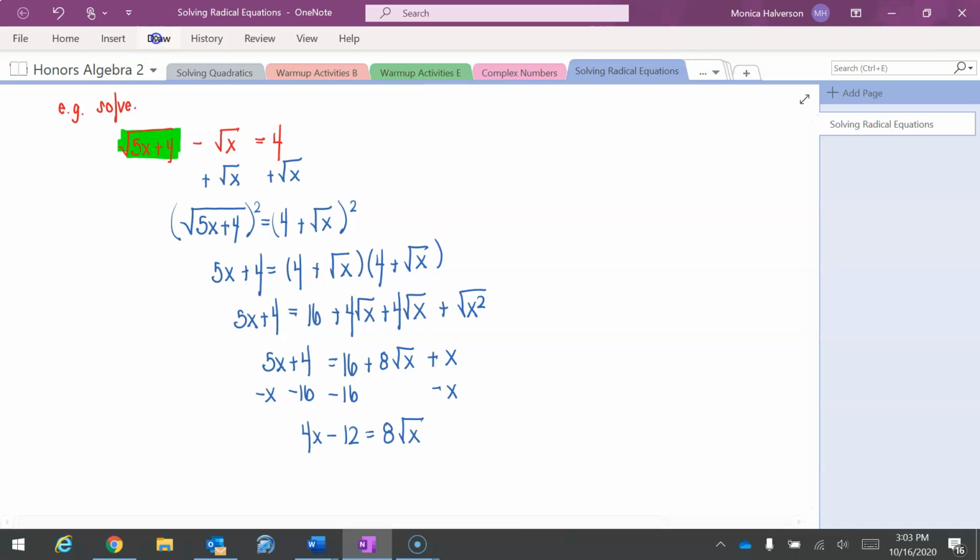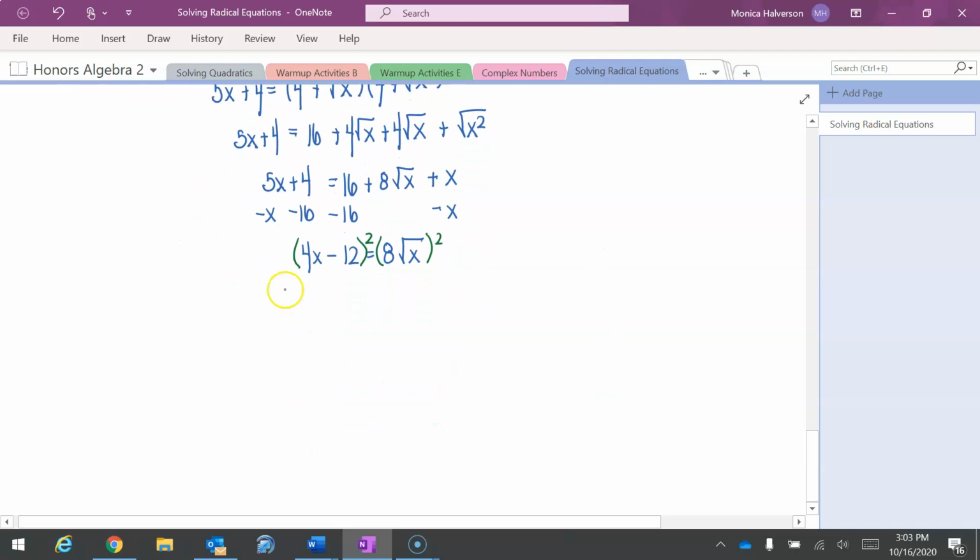Okay, in order to eliminate this radical, we square both sides. Now in this case, we've got 4x minus 12 times 4x minus 12 equals 64x. So we get 16x squared minus 48x minus 48x plus 144 equals 64x.